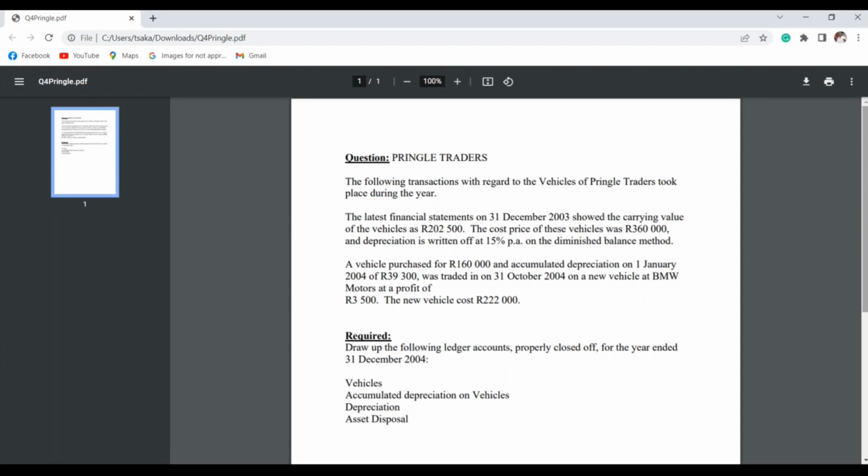Make a note that the diminishing balance method is also called the reducing balance method. If they don't say diminishing balance method, they will say reducing balance method. You're going to use the same method when calculating depreciation, whether they say diminishing balance, reducing balance, or reduced balance.